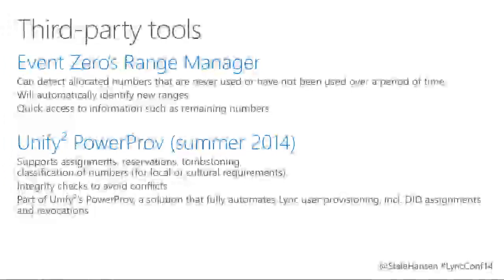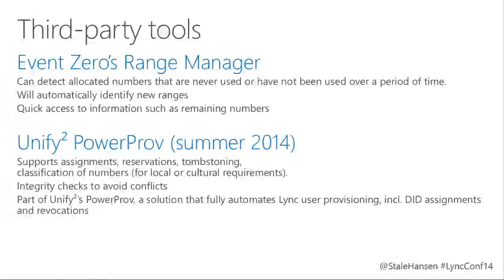Third-party tools. We have some third-party tools that can help you with this as well. You have Event Zero's Range Manager, where you can install an agent on your front-end servers, and they will monitor the usage of your numbers. They will report on what numbers are in use, what extensions are in use, and they also do reporting on what numbers are not in use.